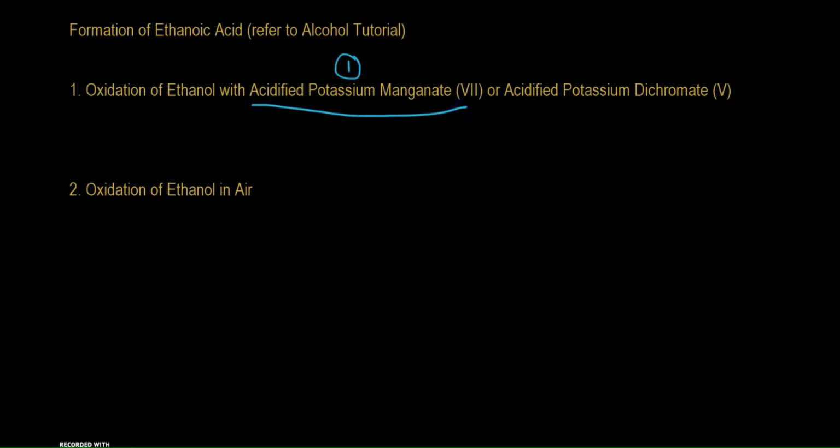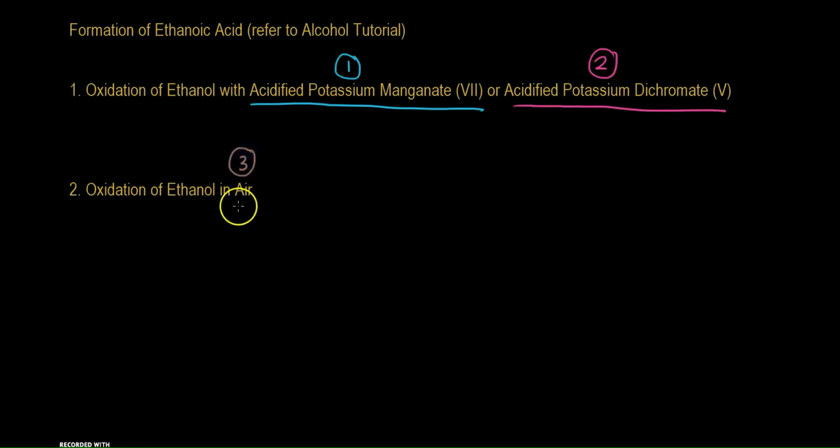Oops, there's a weird line. Second one you can do is acidified potassium dichromate 5. These are just chemicals, so it's just names that you have to memorize. Third one is actually in atmospheric air. The difference between all of them really you don't have to know. You just have to know that for oxidation, you have to use this sign. Please remember.